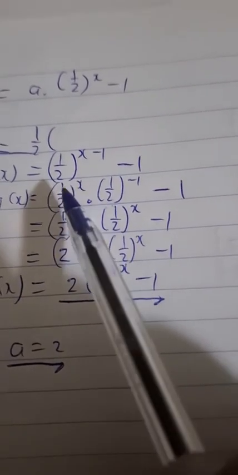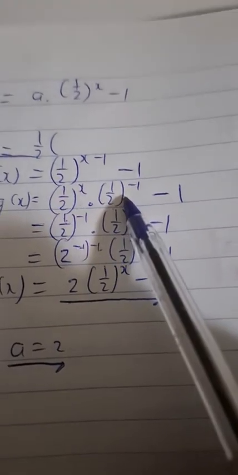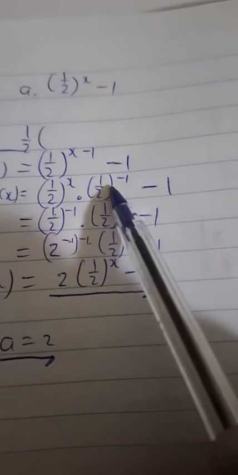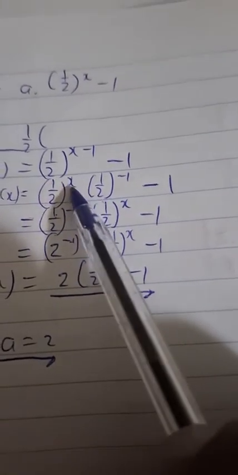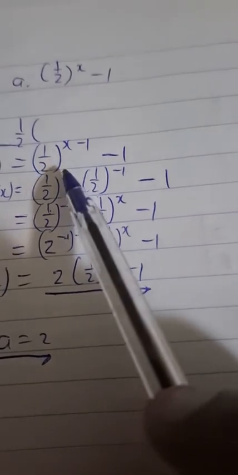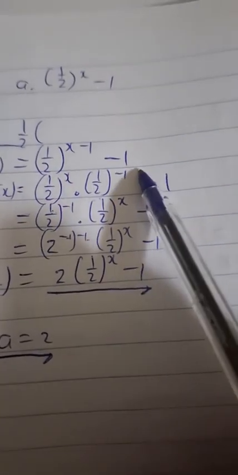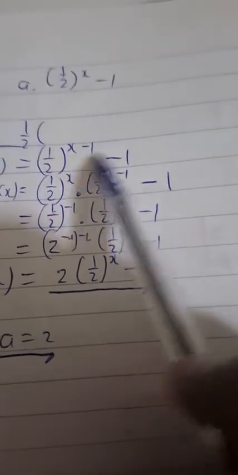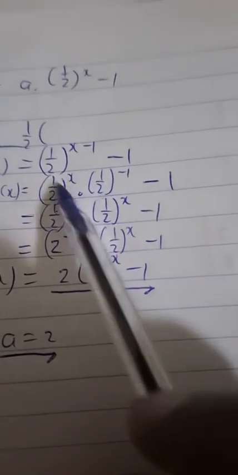Law number 1 says when you're multiplying same bases, so we have half and half, which we are multiplying, if bases are the same and we are multiplying, what do we do to the exponents? We add them. So this would be like saying x plus minus 1, and we know that x plus minus 1 gives us x minus 1 there. So this is me doing the reverse of law number 1.